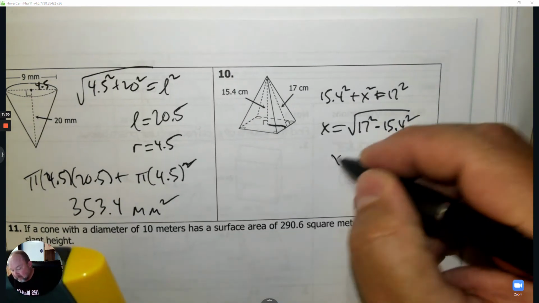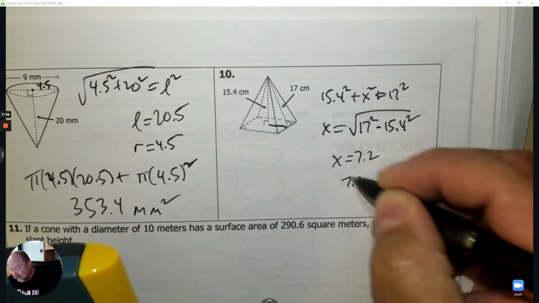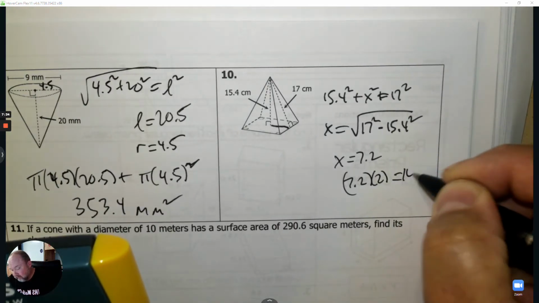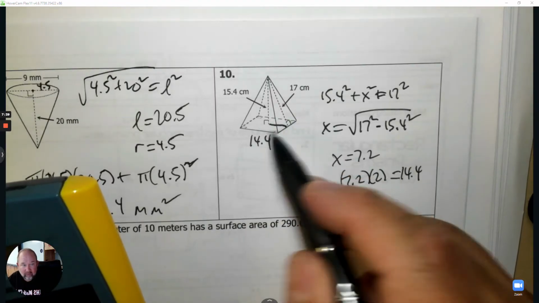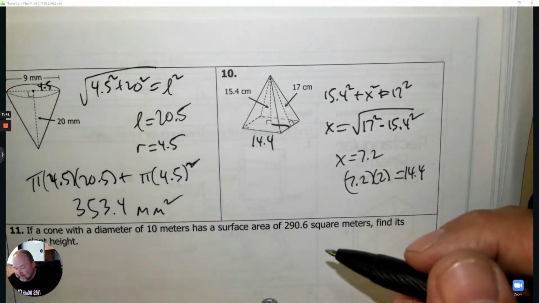And I get 7.2. So if I go 7.2 and I double it, which is 14.4, that gives me the whole length across. That was only halfway, so all the way across I need 14.4.